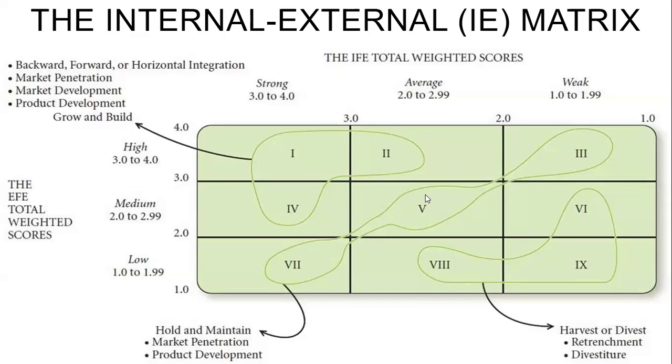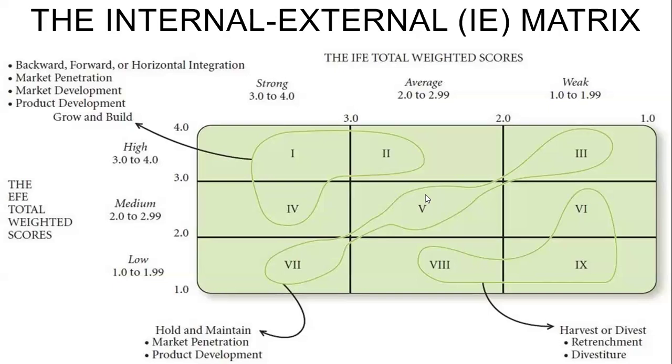You plot it appropriately based on the scores. So the scores for the internal factor weighted scores is normally within 4 and 1. And anything above 2 is an indication that it constitutes a strength of the organization. But anything below 2 is a constitution of a weakness of the organization.